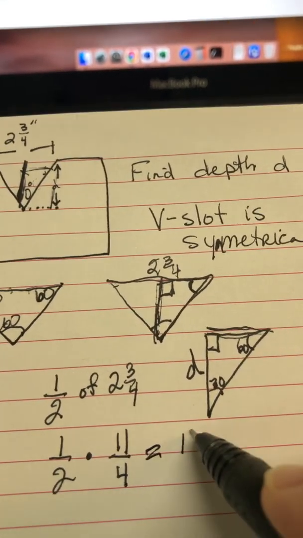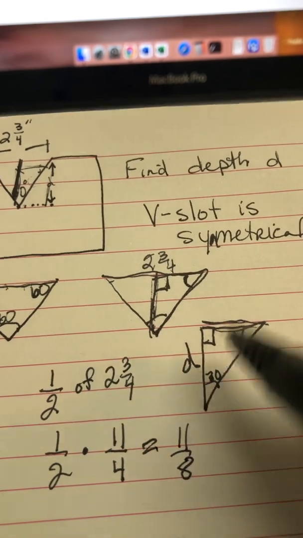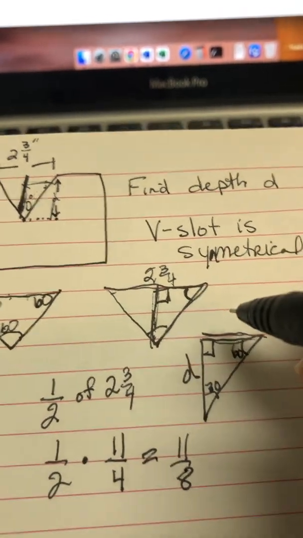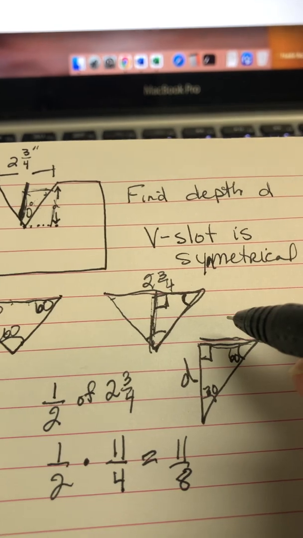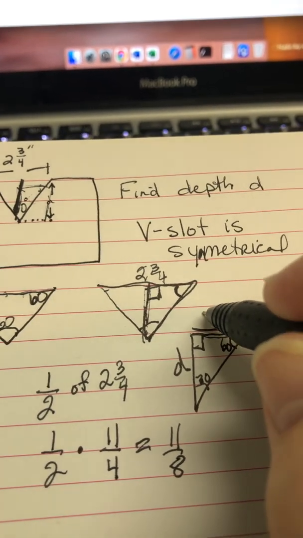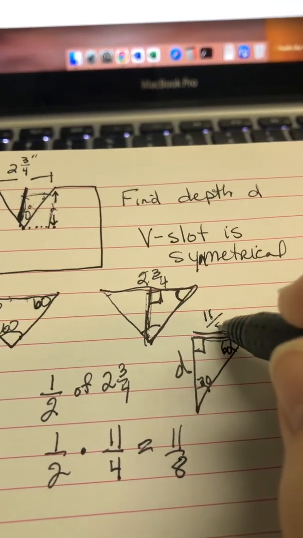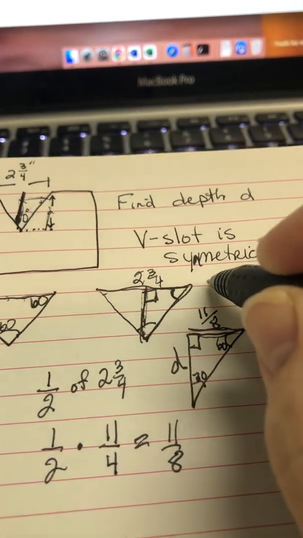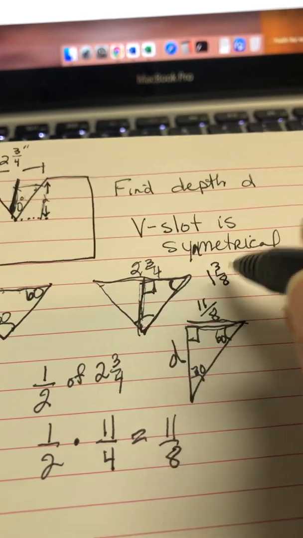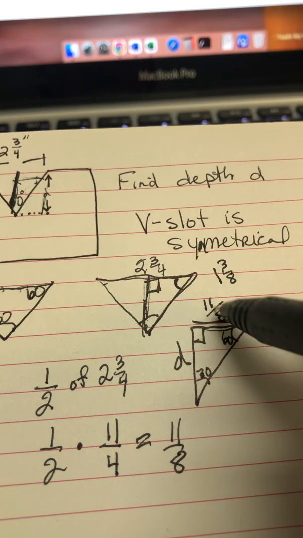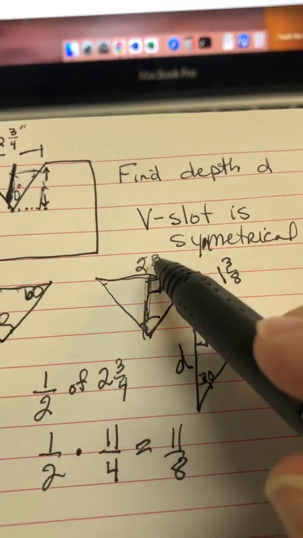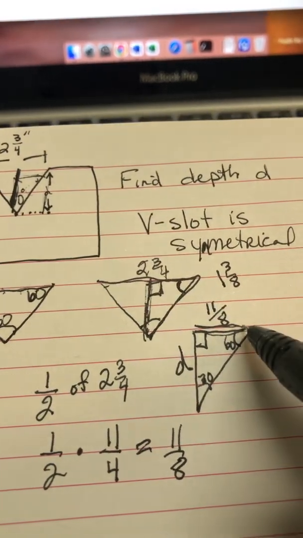So when we do this, we get 11 over 8, 11 eighths. So half of 2 3/4 is 11 eighths. We could also call that 1 3/8. 1 3/8 is the same as 11 eighths.